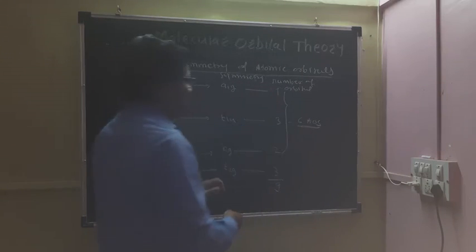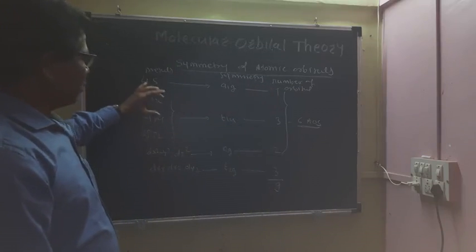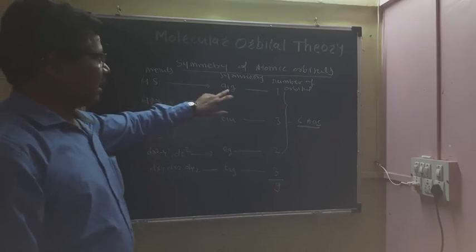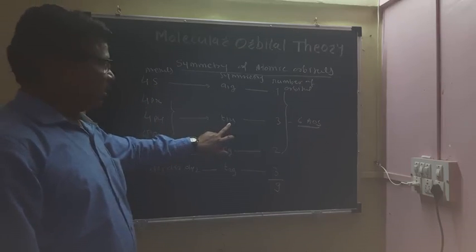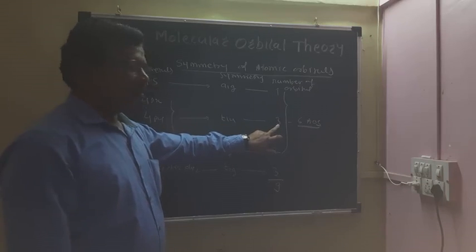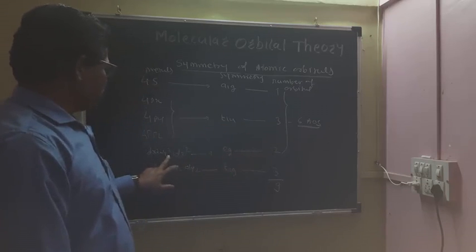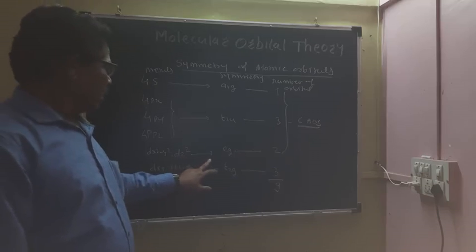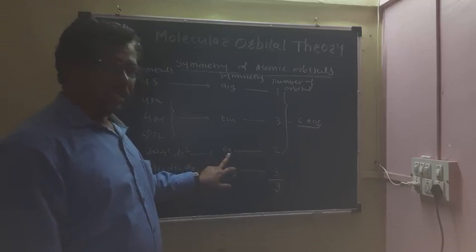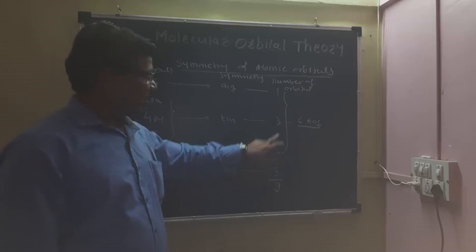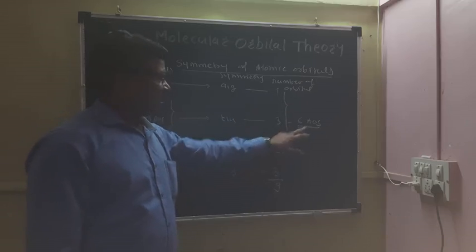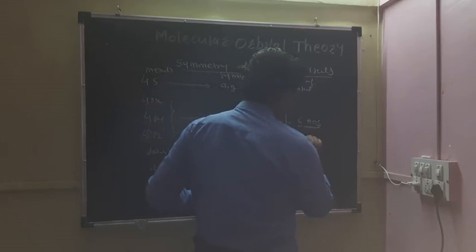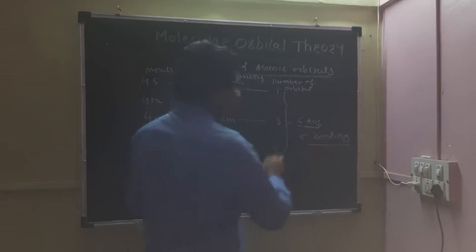These 6 are: 4s as A1g, 4px, 4py and 4pz as T1u with 3 orbitals, and dx²-y² and dz² as Eg with 2 orbitals. Total 1, 3, 2, therefore 6 atomic orbitals act in pure sigma bonding.